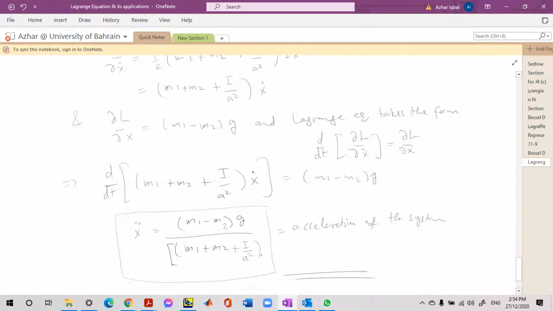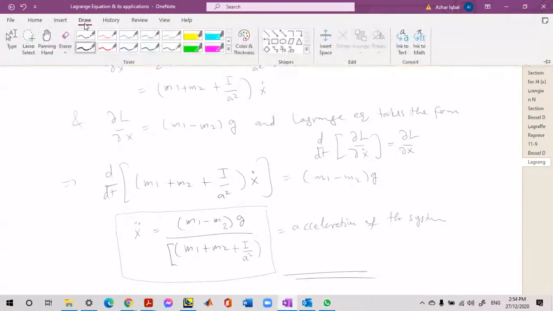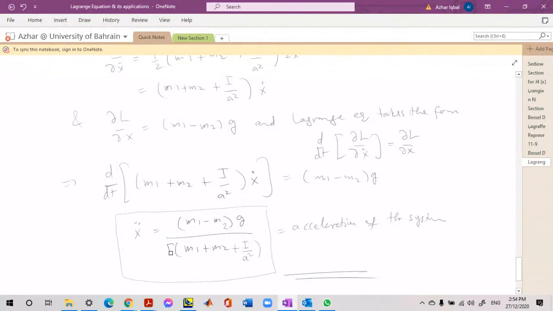I don't even need that left big bracket then. Okay, thank you for correcting it.